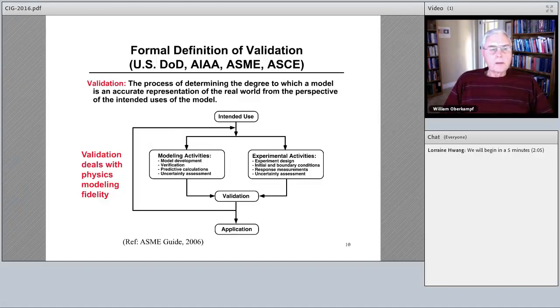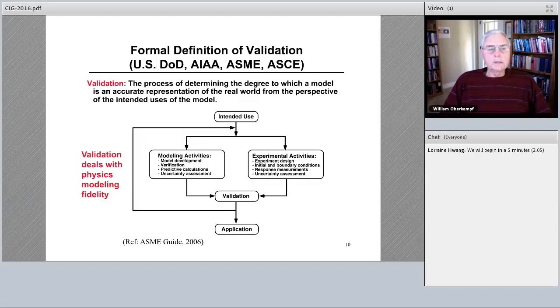This is a diagram that we put together as part of an ASME committee in solid mechanics, which I've been on ever since we formed the committee a number of years ago. You have the intended use of the simulation, whatever you'd like to call it. You have modeling and computational activities, and then you have experimental activities and measurements from nature. Each one has its own elements, and you compare those in the validation step.